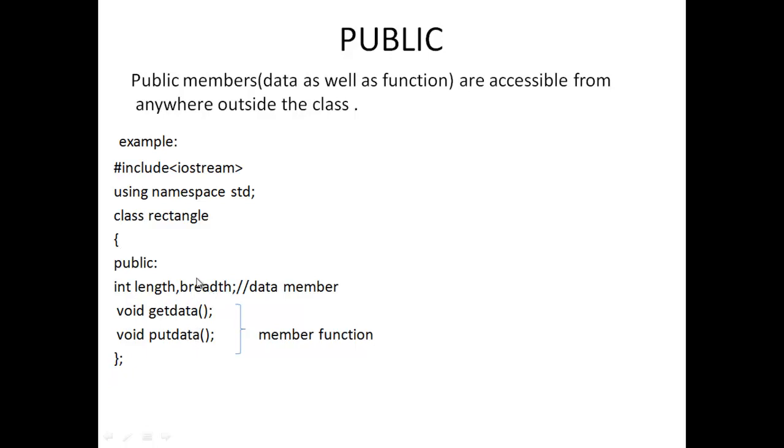Both are declared under the public access specifier. Okay, first we write the name of the access specifier public, then colon, then write some data members, either data members or member functions. Okay.